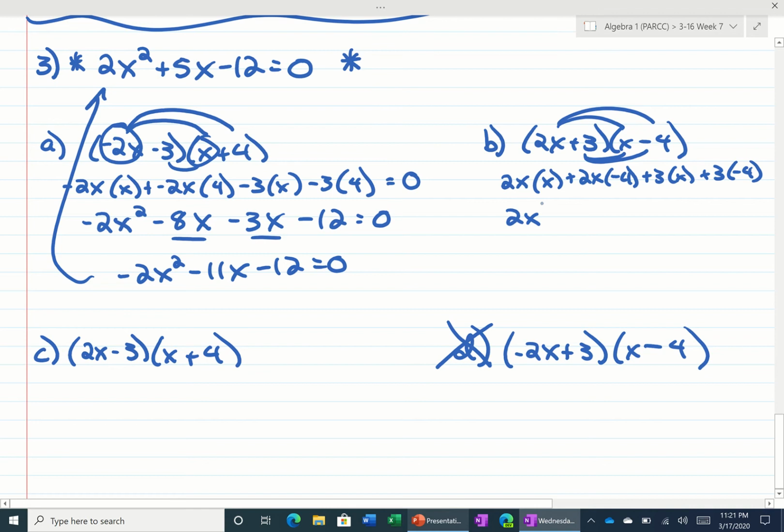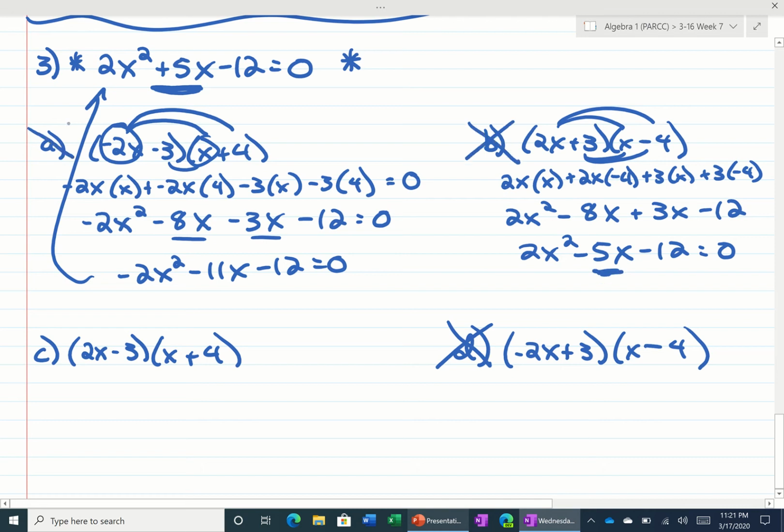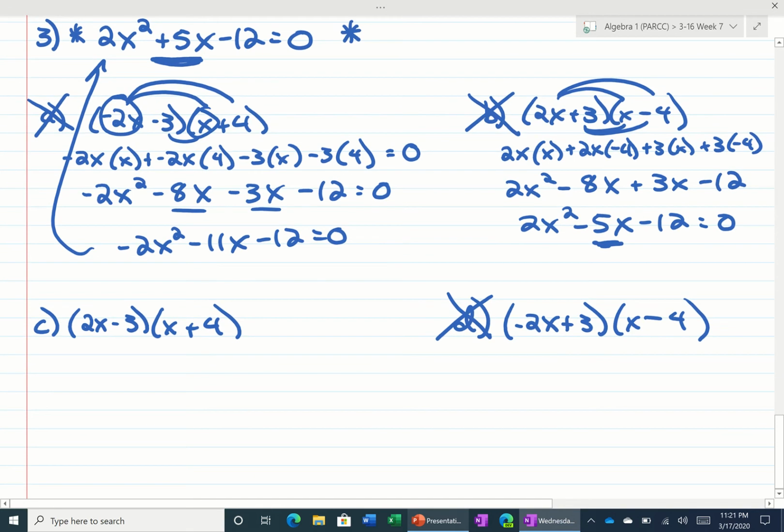So we get 2x squared minus 8x plus 3x minus 12, which is 2x squared minus 5x minus 12 equals 0. Close, but those middle terms are not the same. B can't possibly be right, so hopefully C is the right answer.